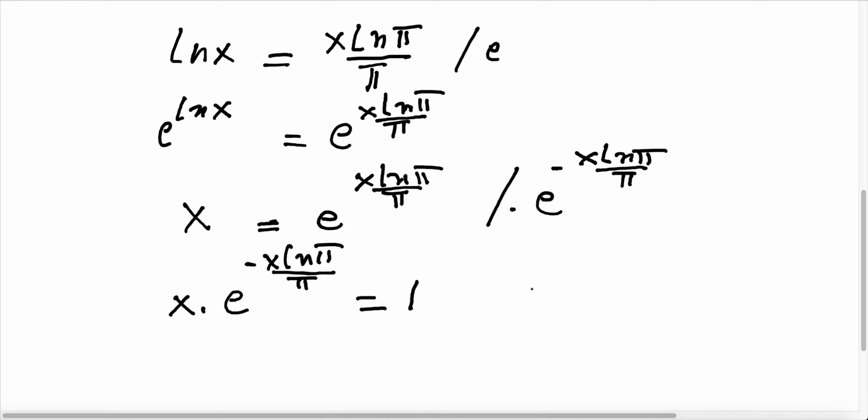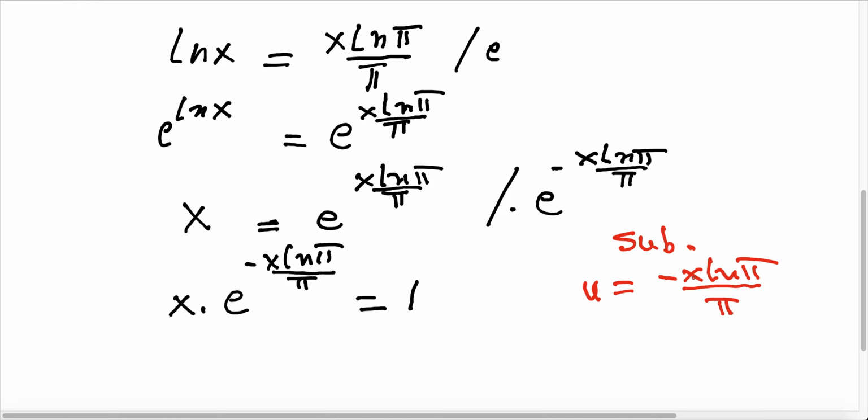So it is 1. And now I'm going to make some substitution. The substitution here, I am writing u is going to be equal to minus x ln pi divided by pi. So by this here I'm going to substitute u.